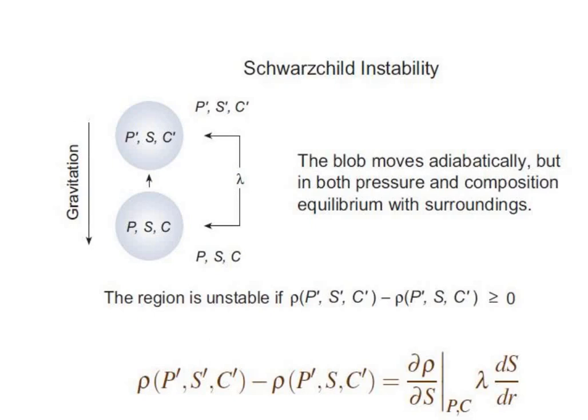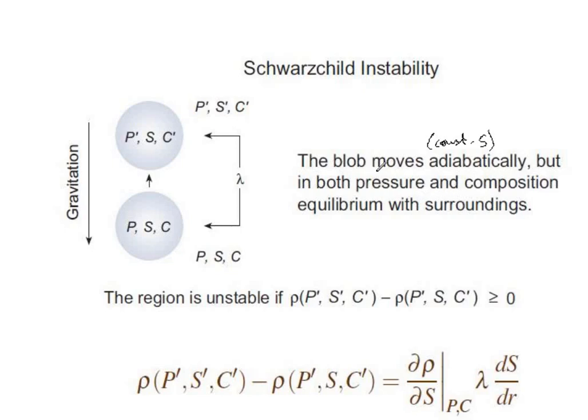Now you see, suppose the blob, this is the blob, is moving adiabatically, right? So it moves adiabatically, which means constant entropy. But you see, it is in both pressure and composition equilibrium with the surroundings.